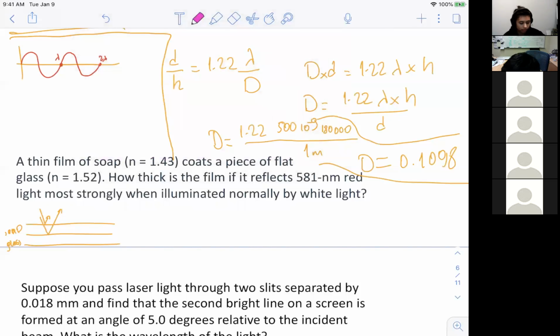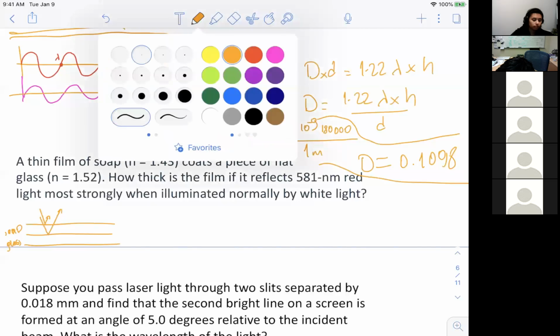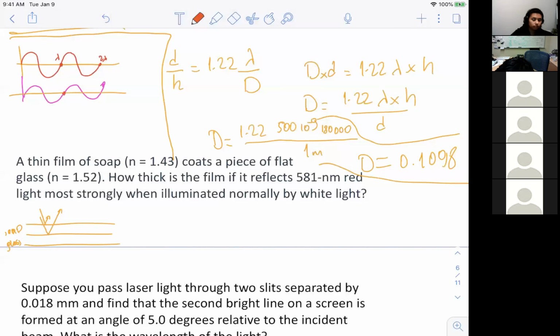And imagine I have another wave with the same phase. Again, this is lambda here and 2 lambda here.